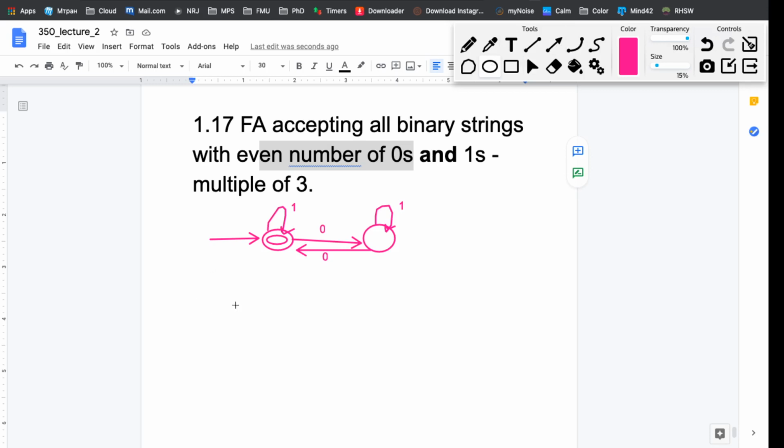Pretty much exactly the same thing, but with 3. Even means multiple of 2, and multiple of 3 is going to look very similar. Also, the empty string is accepted. So 1 1, right?